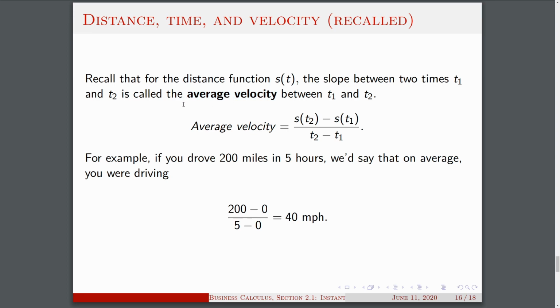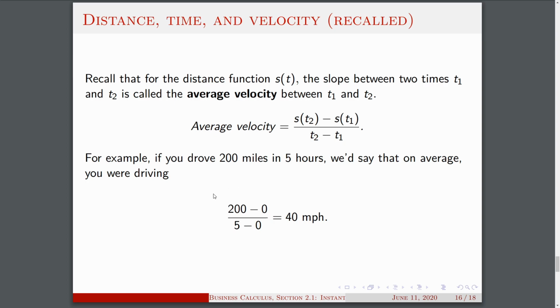It's the average rate of change, but that rate of change we'll call velocity. All right, so we've done this before. Average rate of change is the slope between 2 points. We use the slope formula. So for example, if you drove 200 miles in 5 hours, we'd say that on average, you were driving, take the difference in the distances, divide by the difference in the times, and you get 40 miles an hour.